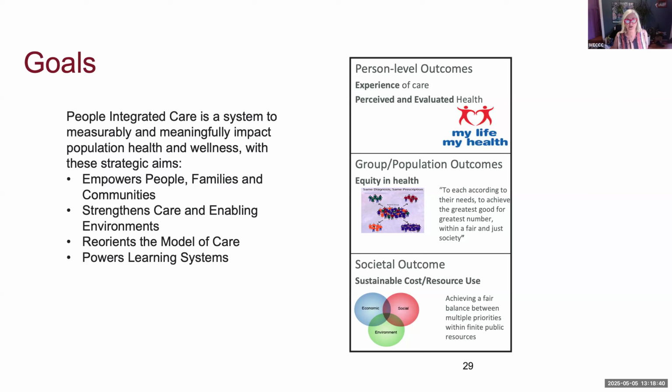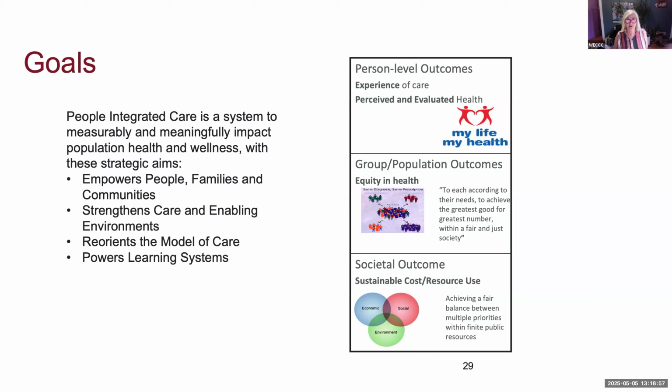We need a model that empowers people, families, and communities. It doesn't just impose services on them. It lets people, families, and communities design their own solutions, but within some guidelines, within a framework.